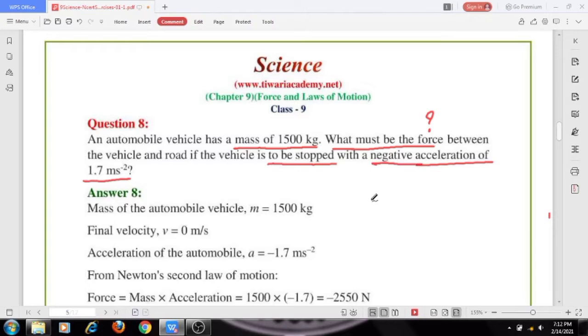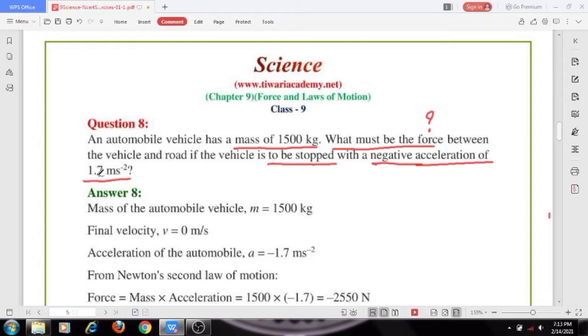and please note it is negative acceleration. Now we will write the given data here. The mass of the automobile vehicle, m, is equal to 1500 kg. Final velocity, v, equals 0 meter per second because the vehicle is stopped. Acceleration of the automobile, a, equals minus 1.7 meter per second square, because they have indicated it is a negative acceleration.